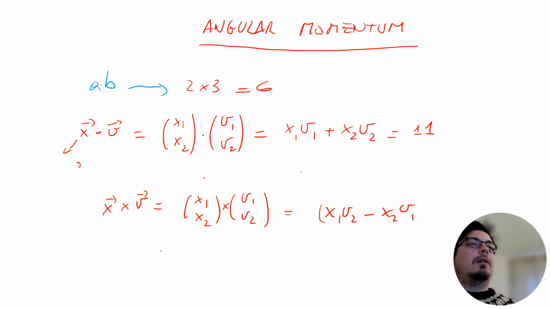In the direction of, oh yes, I forgot. So if this is x, let's do it correctly, otherwise I get confused. x1, y1, x2, y2, and this is the determinant x1 y2 minus x2 y1. Okay, I have it in the z direction.